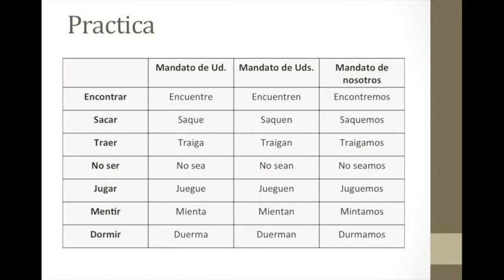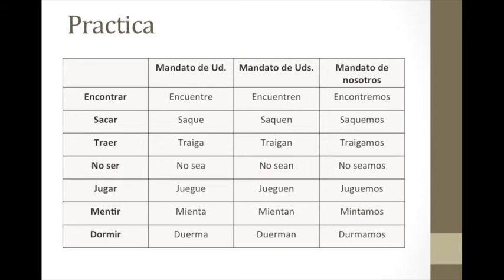Traer, the yo form is traigo, so you get traiga, traigan, and traigamos. "Don't be," no ser: no sea, no sean, no seamos. Jugar, remember, because usted and ustedes fall within the boot, it's going to have both the U to UE stem change as well as the GAR spelling change, the GU. So juegue, jueguen, but juguemos. The stem change doesn't occur, but the GAR verb spelling change does occur.